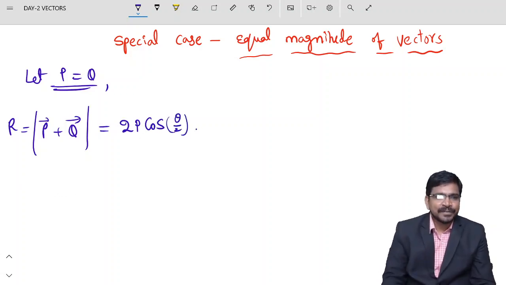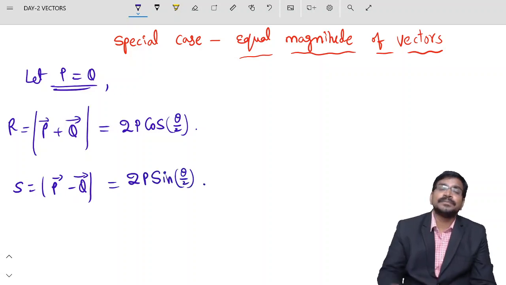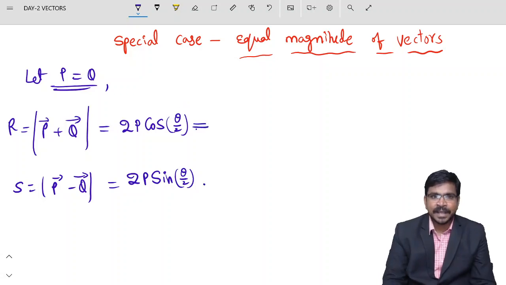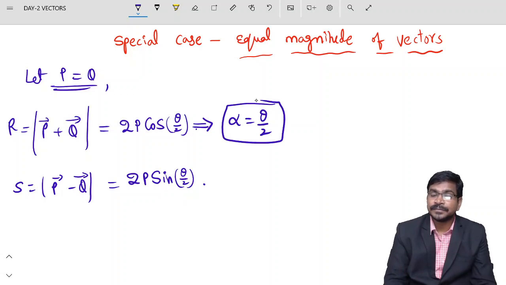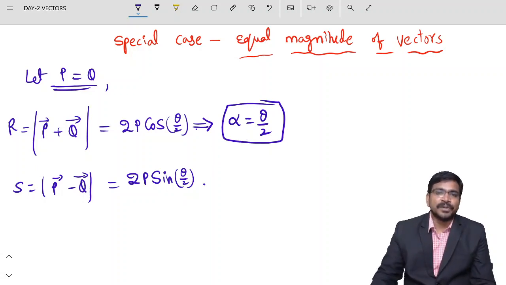Okay, and for subtraction, P minus Q magnitude has a direct formula 2P sin theta by 2, whereas here alpha is theta by 2, directly theta by 2. Okay, and here also alpha is theta by 2.